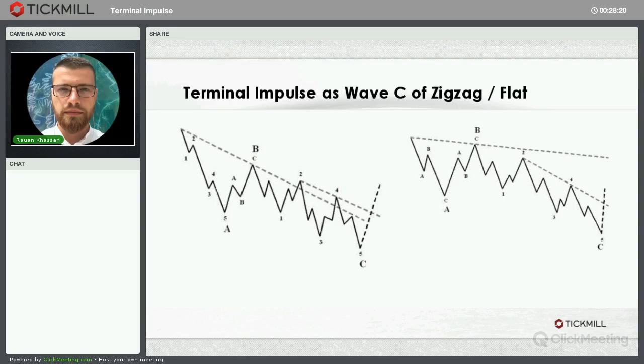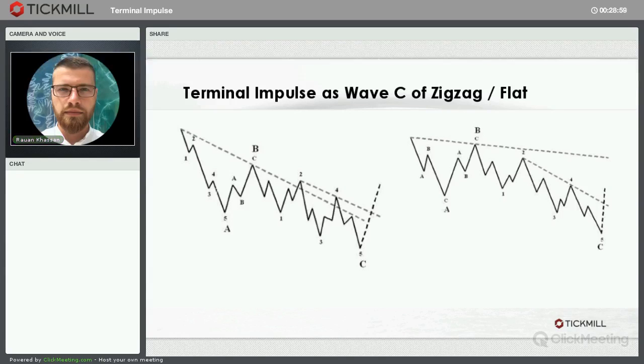There is an opinion that terminal impulses as part of wave C in zigzags and flat corrections, or fifth waves in trend impulses of different scales, are rather rarely met on the Forex market. I wouldn't agree with such an idea, as terminal impulse is only one of 2 probable scenarios for impulses.